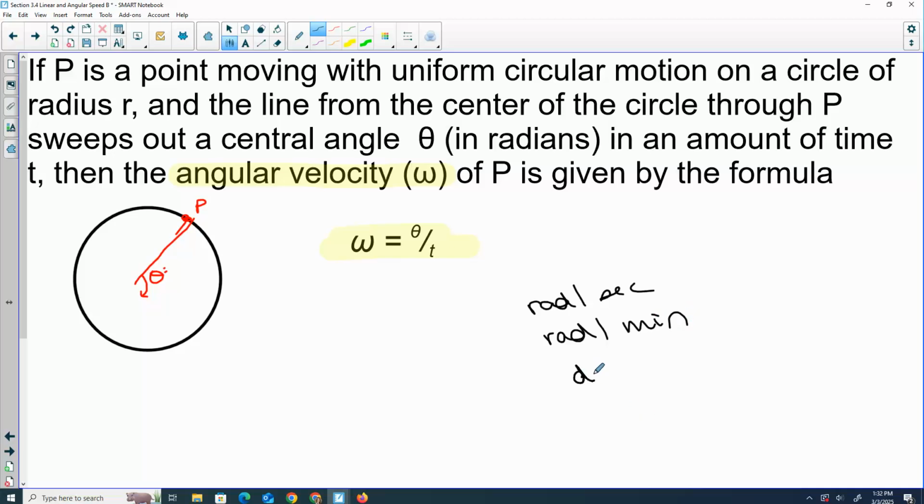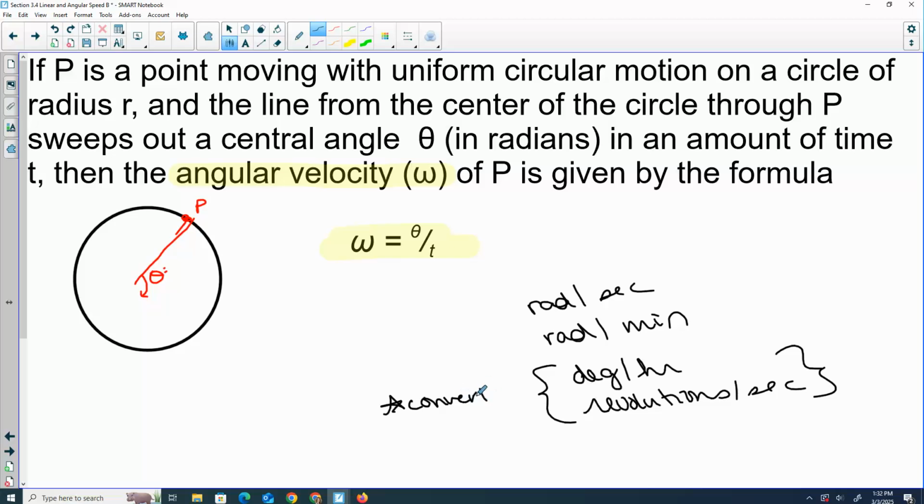If you are given something in degrees or revolutions, those are still going to be an angular velocity, but you would just have to convert them first. They would have to be changed into radians before we could do anything else.